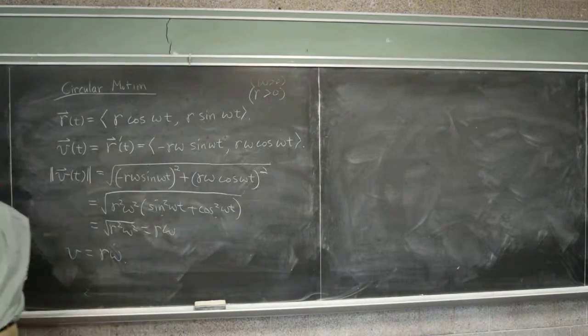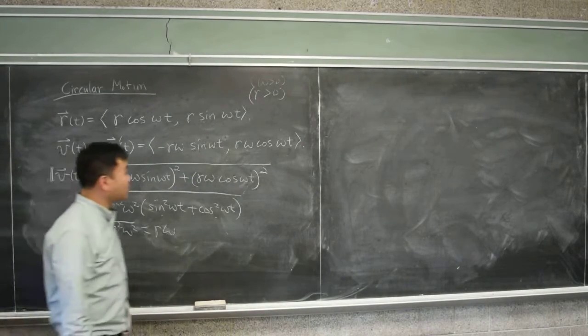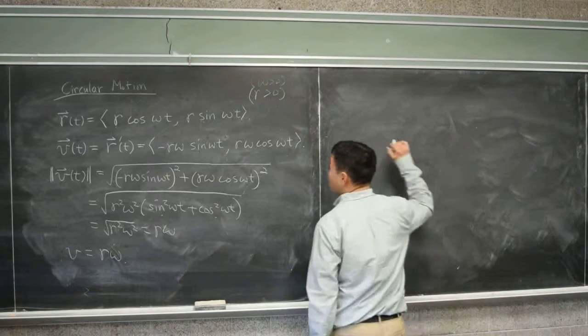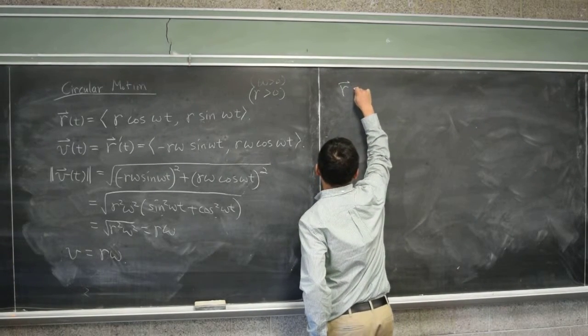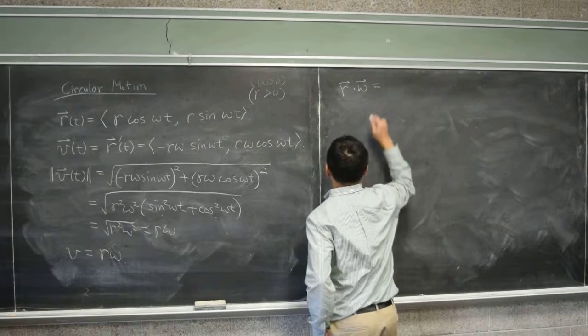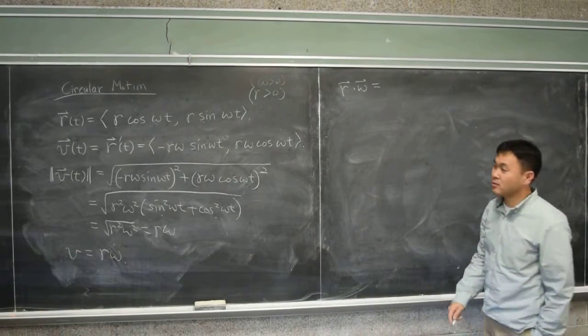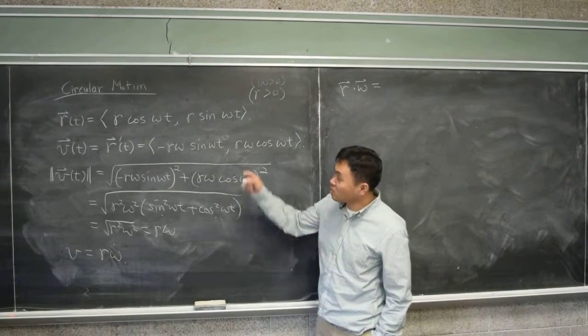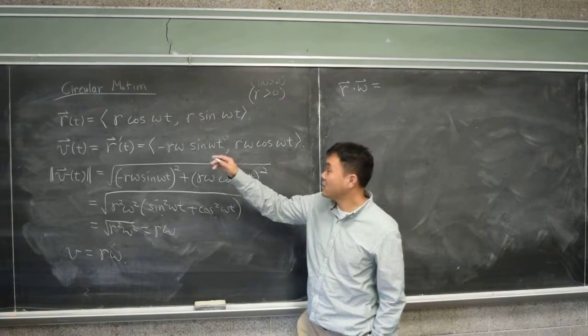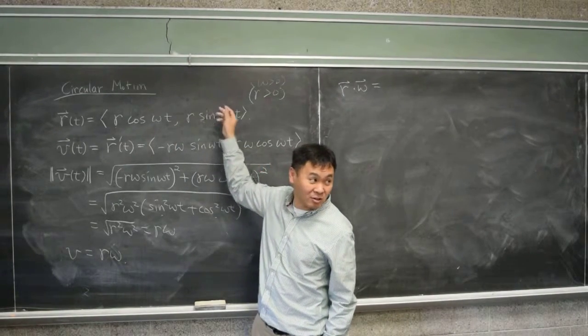Now here's another interesting observation. If you do r dotted with omega, what do you get? How do you do the dot product? Component-wise multiplication, and then you add, right?